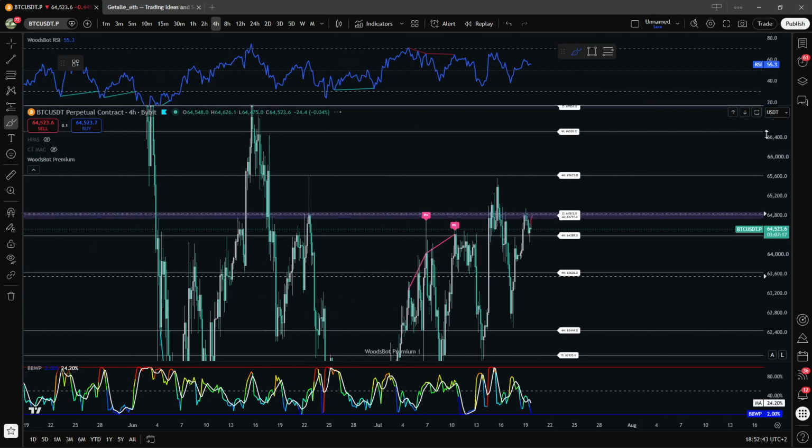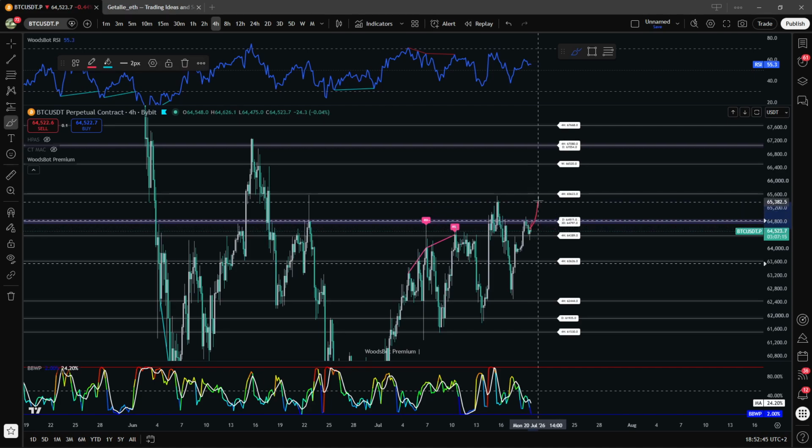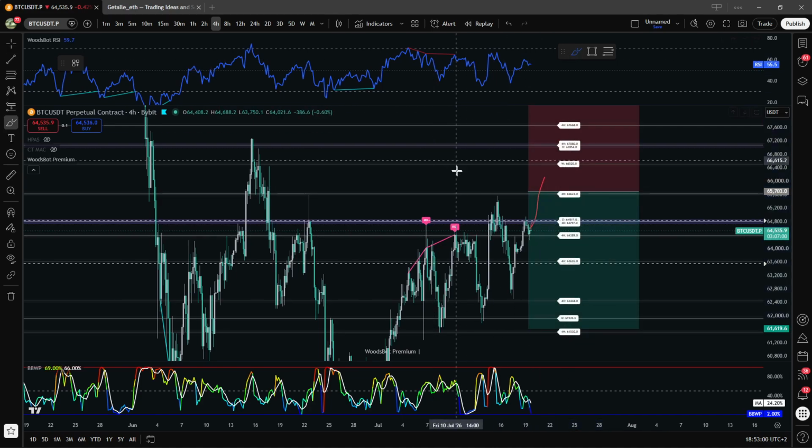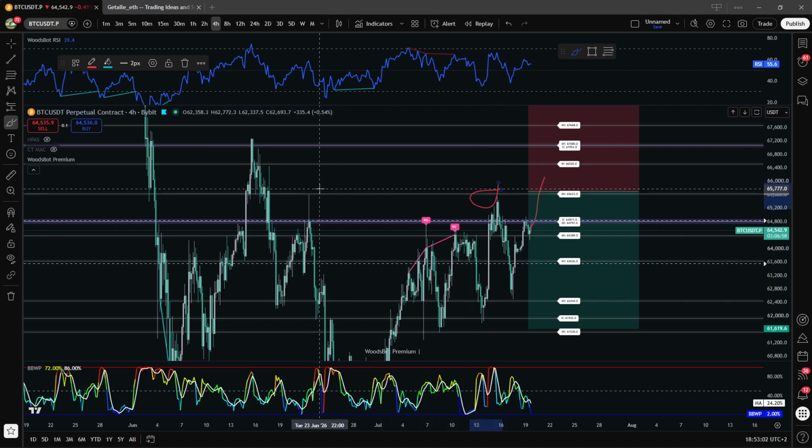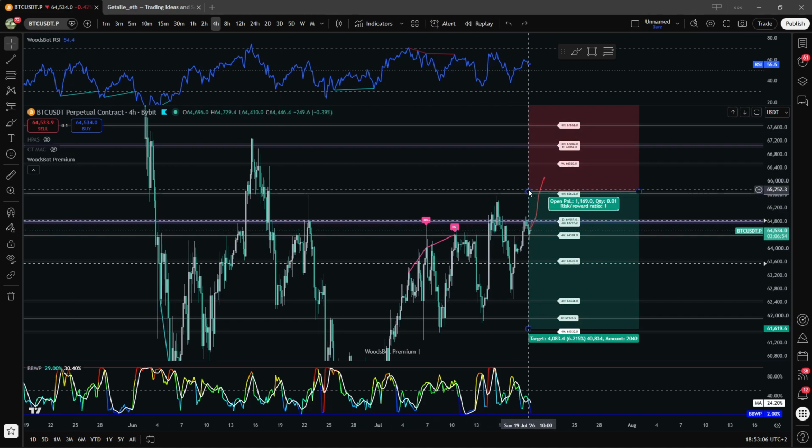A better short would be if price action comes back above, sweeps this high, and has bearish divergence. This would be a potential short scenario. So, for example, it sweeps liquidity from this high, and it has bearish divergence on the 4-hour time frame.